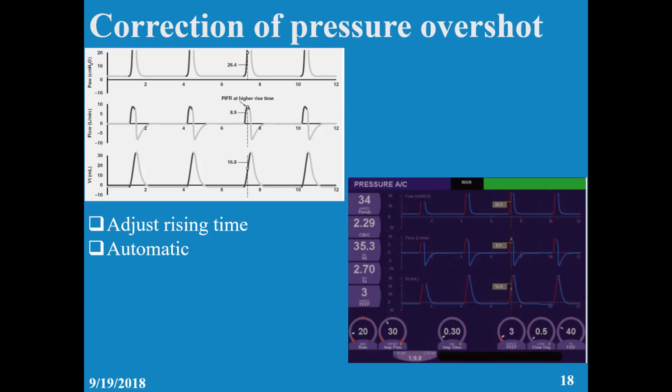So if the inspiratory time is 0.6, the rising time should be 0.2. So the rising time, remember, is always 30%. However, this is the starting point. You look at the graph, you look at the loops, and then you adjust it.